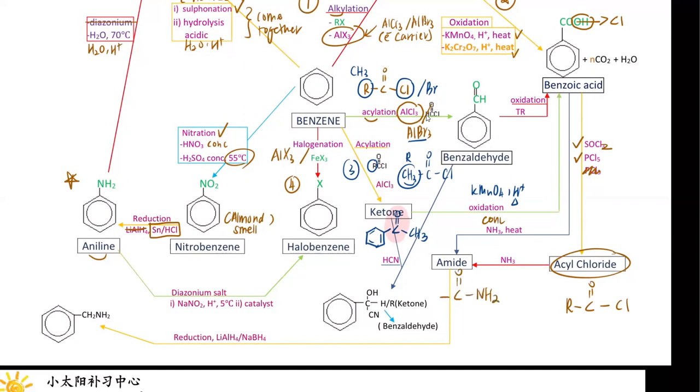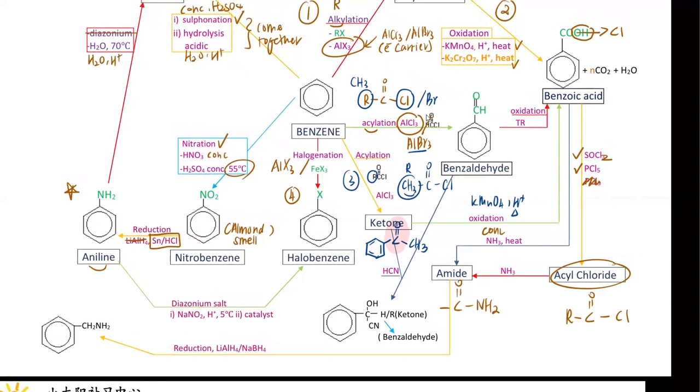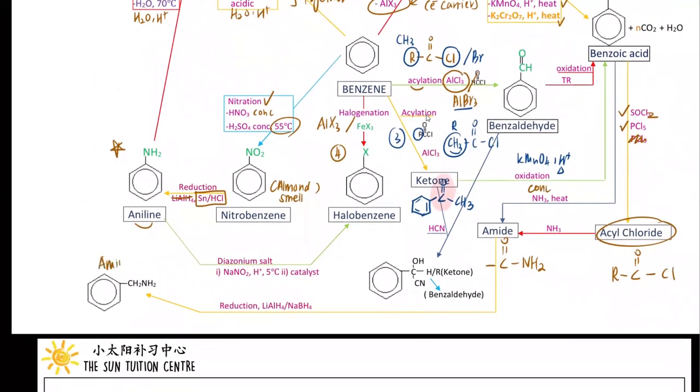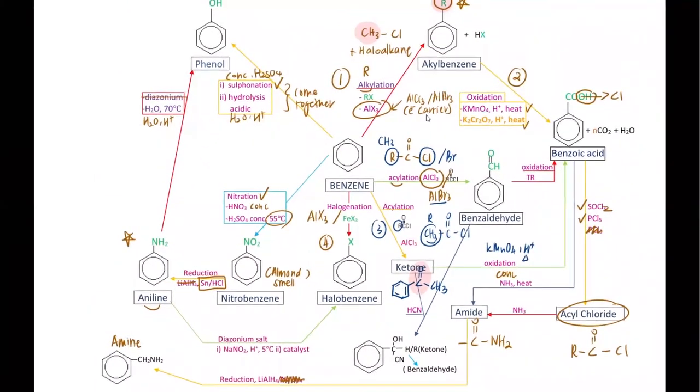Then reduction of amide will form amine, this is phenylmethylamine. For the reducing agent we use lithium aluminum hydride only.